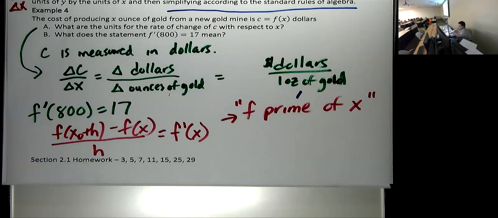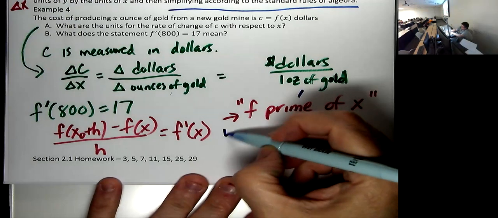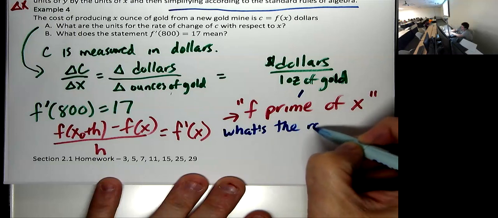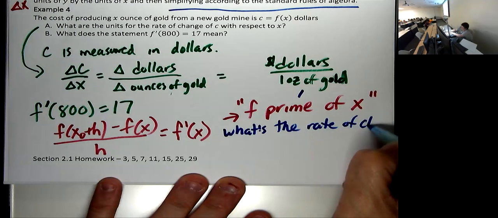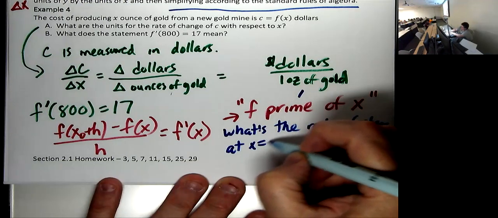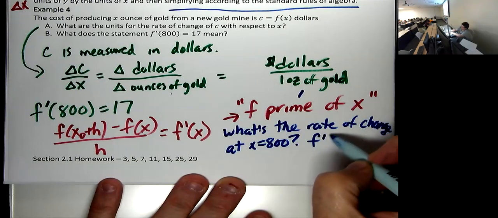So when we say F prime of 800, what we're saying is, what's the rate of change at X equals 800? That's what F prime of 800 means.